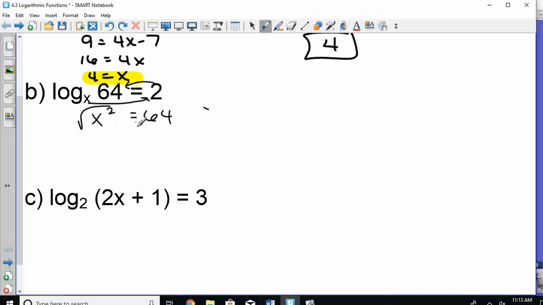Square root. With that, we include plus and minus. Square root of 64 is 8. Now, check. The base and the argument both have to be positive. So will both my answers be okay? No, I can't use the negative 8 here. So 8 is the only answer I can use.